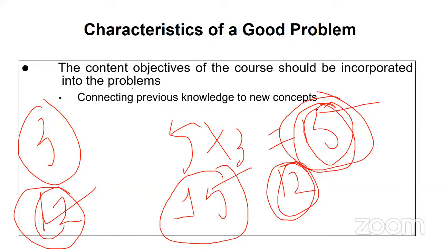Whatever they apply to their problem solving is called the accepted hypothesis, which I will discuss later, please wait. But whatever they do not apply are the rejected hypotheses for this particular problem, but still they learn it. That's why the content objective will be achieved.